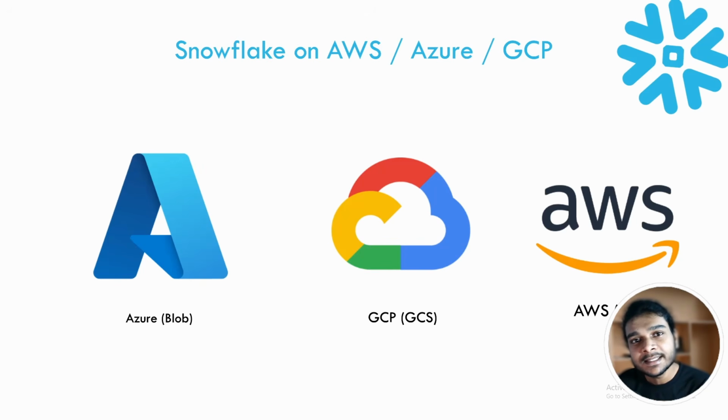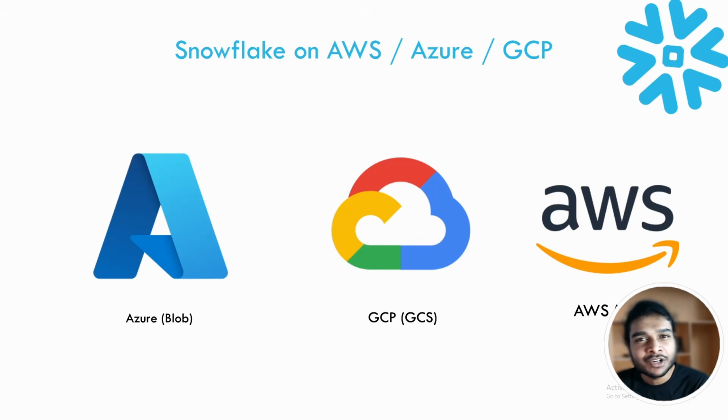Snowflake leases this storage and compute from the cloud provider that we choose at the time when we create a Snowflake account. So when we create a Snowflake account, it asks us to choose a cloud provider. It can be Azure, GCP, or AWS. And according to our choice, Snowflake leases the storage and the virtual machines from the cloud provider and provides those to us.